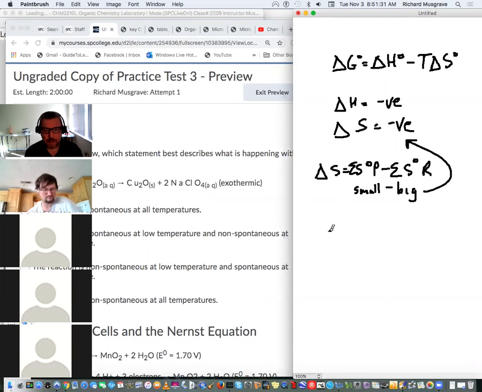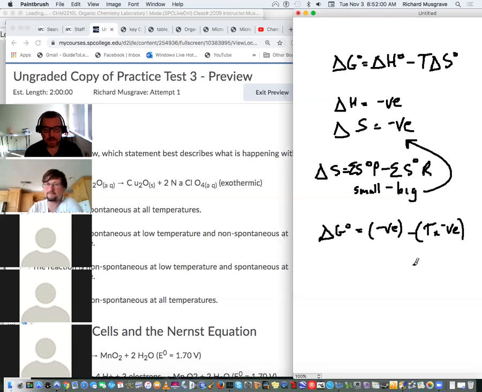Now, once we've done that, then we can apply our equation here. And we know that delta H is negative. Another rule of thumb I can give you here is that if the signs are the same for the delta H and delta S, then there is going to be variation with temperature.